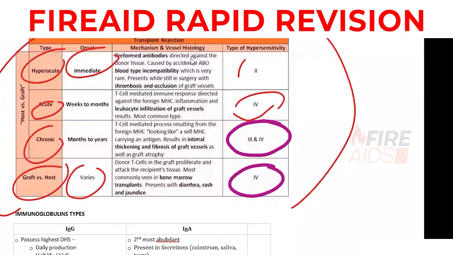So for chronic you can follow type 3. Graft versus host you can follow type 4. So acute and graft versus host you can follow type 4. Hyperacute type 2. Chronic is type 3. Am I clear in this topic?